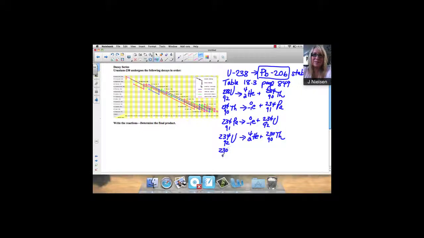Thorium 230 undergoes alpha decay, and that produces 226, 88 Ra, and that undergoes alpha decay also, and that produces 222, 86 radon, and that undergoes decay.